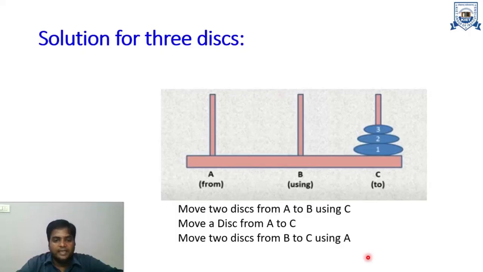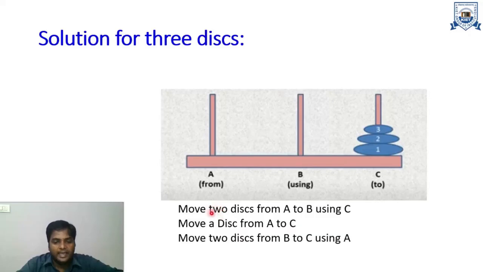If we have n disks, what do we do? When we have three disks, we move two disks from A to B using C. So if we have n disks, what is the first step?